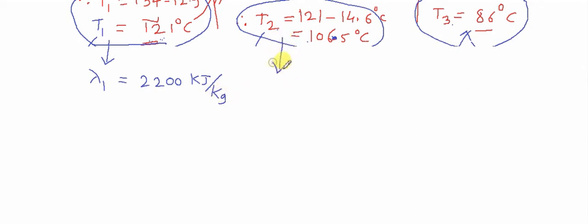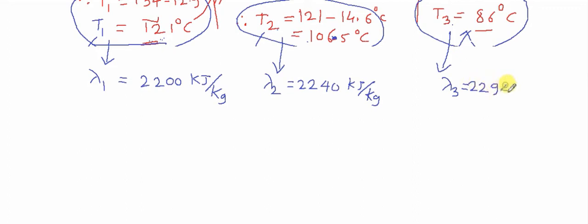Similarly, with respect to this temperature, you will get latent heat lambda 2, 2240 kilojoule per kg. And for this temperature from the steam table you will get lambda 3, 2294 kilojoule per kg. And all this latent heat you have to use in the energy balance equation.